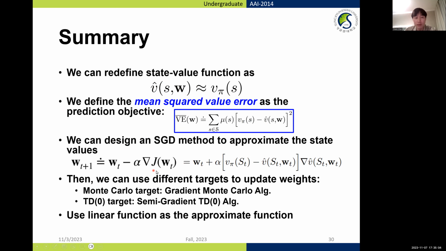Then we designed the SGD method to update this weight, right? We use a different target to update the weight. If we use a linear function as the approximation function, then this linear function can have different basis functions to be used.